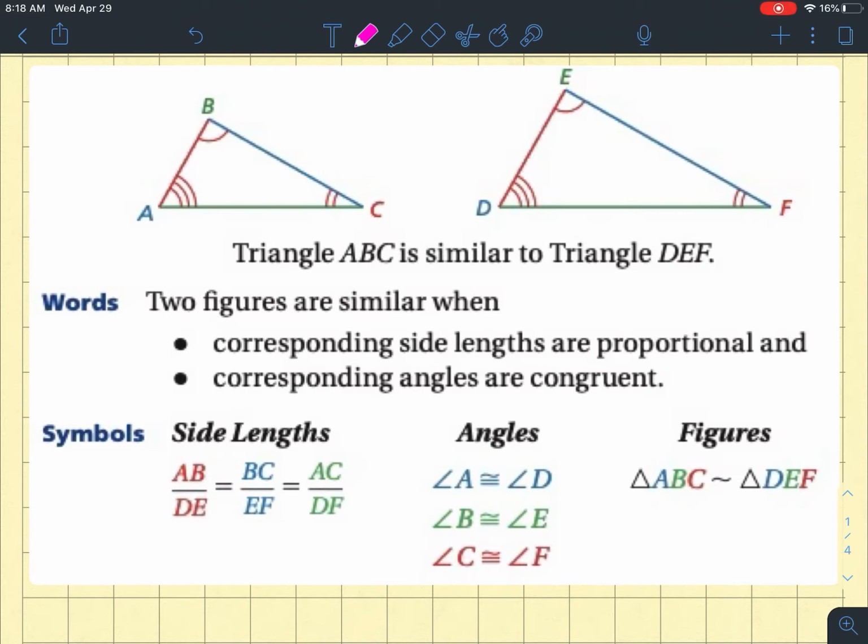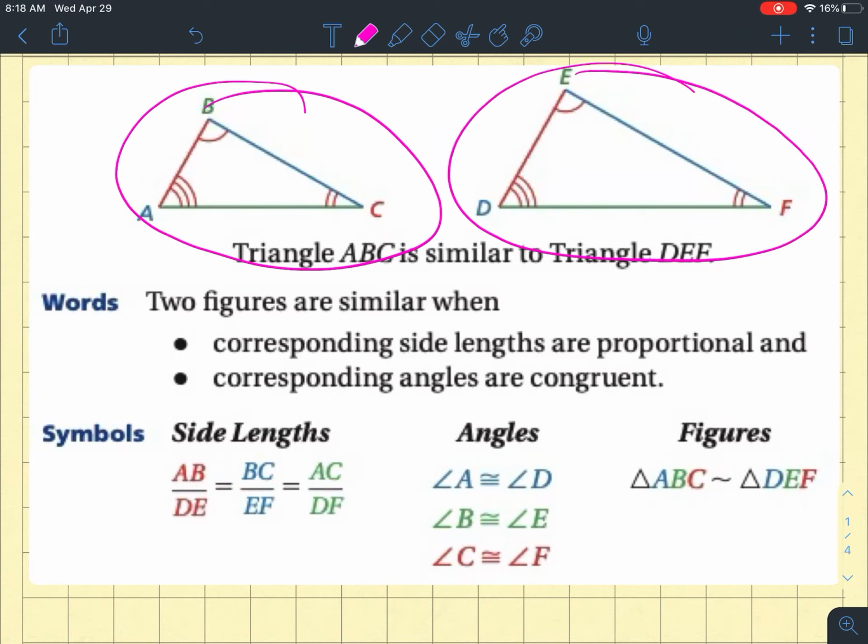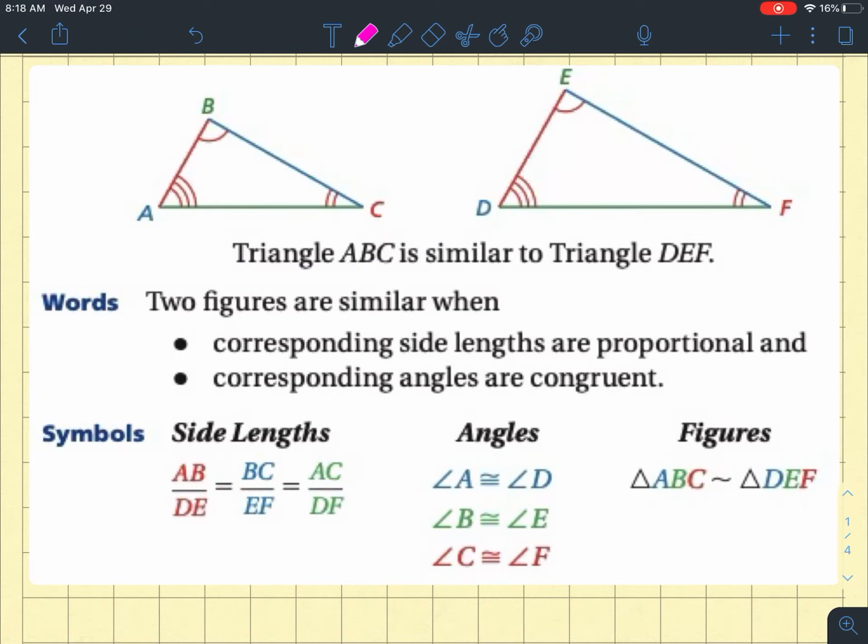Okay, here's another image we can focus our attention on. So these two triangles are similar. We have triangle ABC and triangle DEF. If you look at a triangle and you want to know if it's similar or not, you have to look at the angles first. Now, if you look, angle B and angle E are congruent. That's why they have one ring.